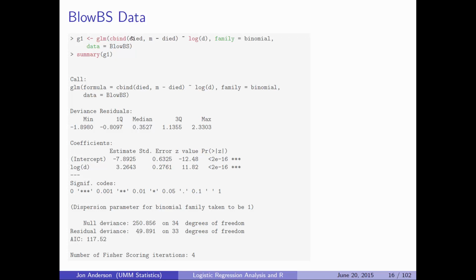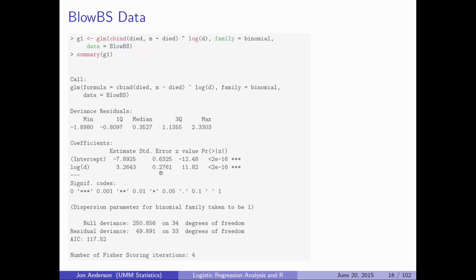This is just keeping track of the events and the non-events, but you specify it the same way. GLM is a function of the response variable, in this case, and the log of diameter. When we look at the summary, you can see that the coefficient of the log of diameter is a positive number. It means that as the trees get bigger and they catch more of the wind, they're more likely to get blown over and crack and die.